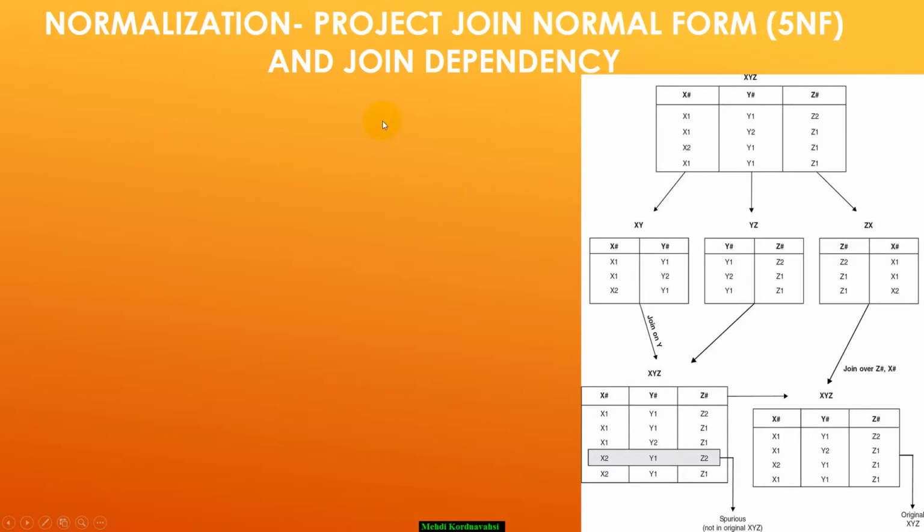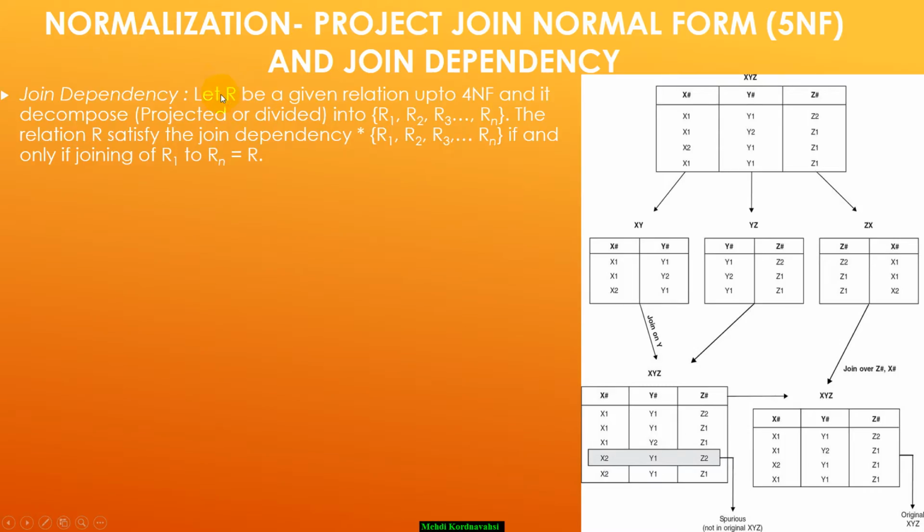The last level of normalization is project join normal form or 5NF, and join dependency. Let's see join dependency. Let R be a given relation up to 4NF, and it decomposes, or is divided, into a set R1, R2, R3 to Rn.